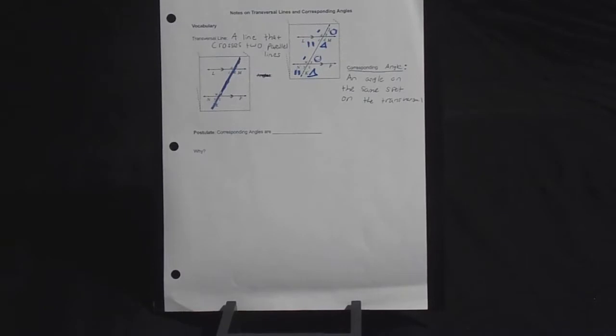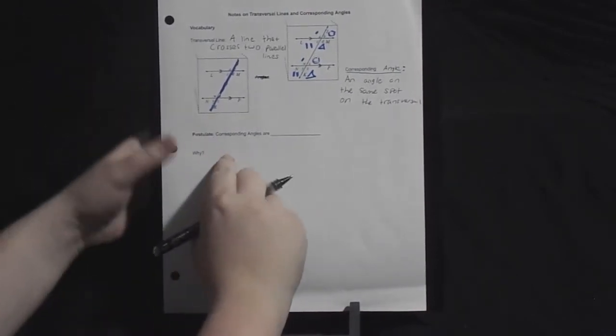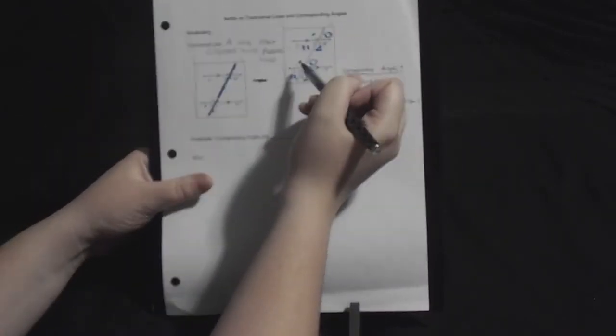So, remember every single relationship we had, there was a way that we could describe that relationship. And the describing word for corresponding angles, if you look at A and W, if you had to guess if they were complementary, which means add to 90, supplementary, which means add to 180, or congruent, which means they're the same, which one do you think corresponding angles are?